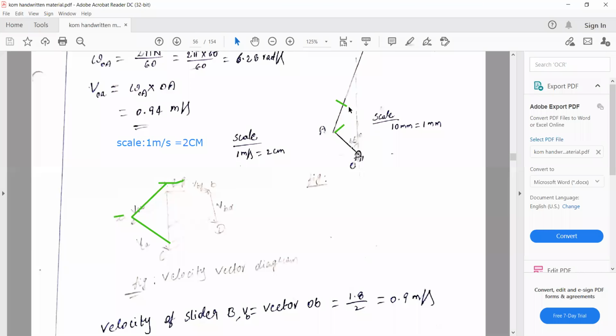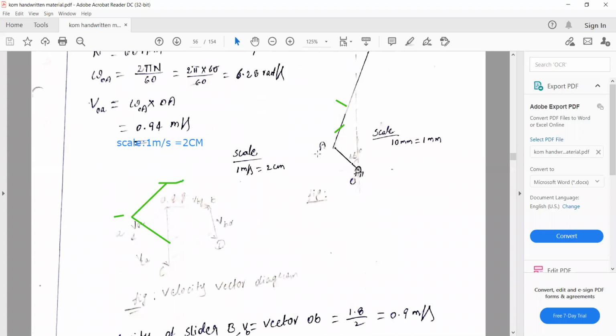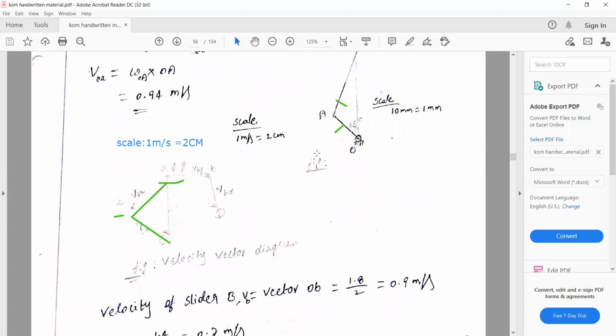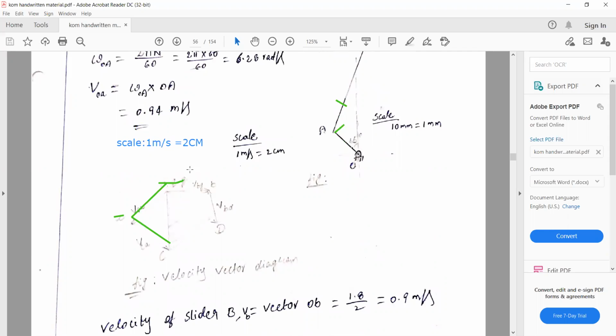Just take those perpendiculars. The QC perpendicular is this one.